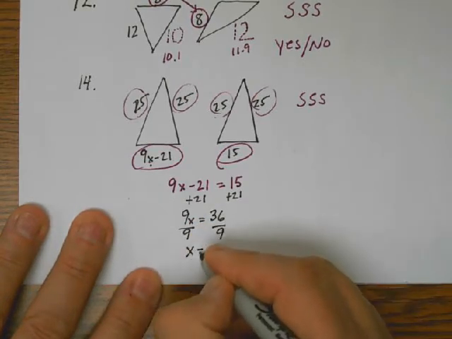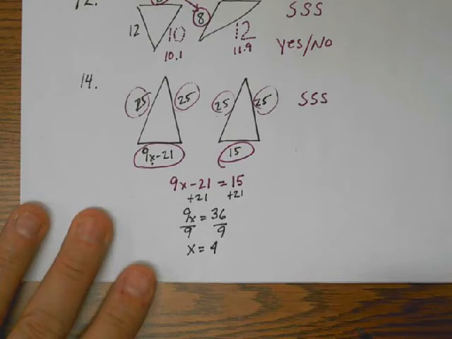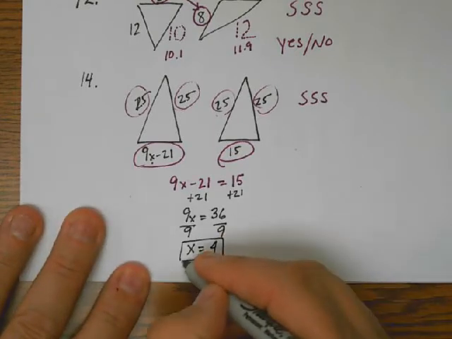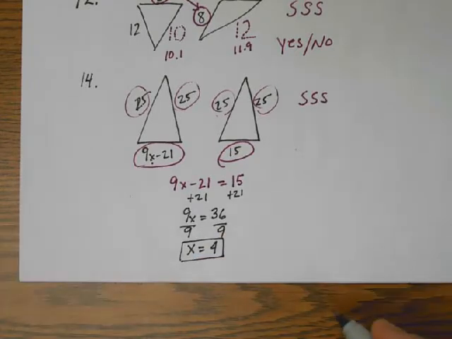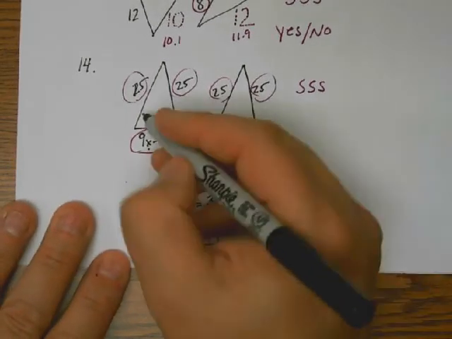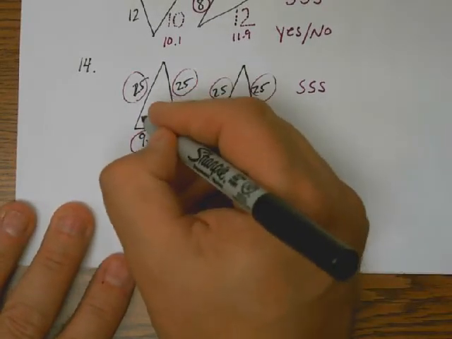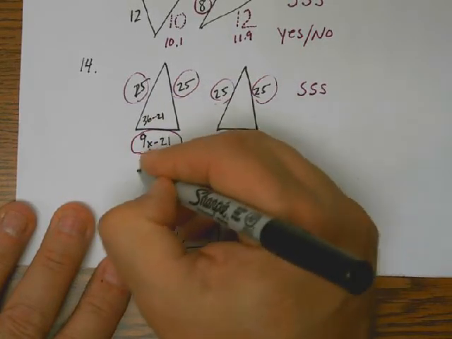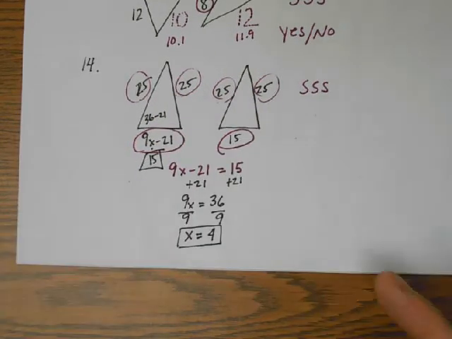And so now I have x equals 4. And so the value of x, which makes these triangles congruent, is x equals 4. If I put 4 in, what's 9 times 4? 36. What's 36 minus 21? 15. Ah, it worked.